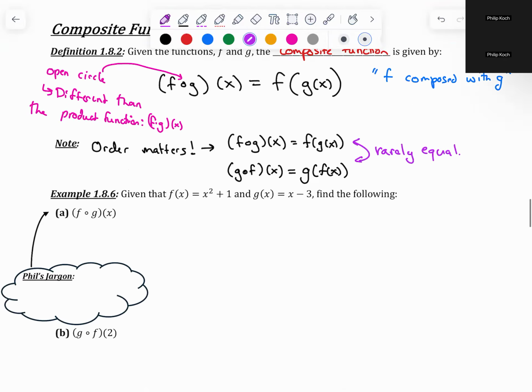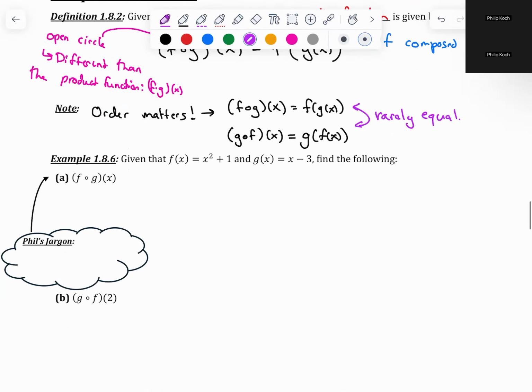So, given that f of x is equal to x squared plus 1 and g of x is x minus 3, find the following. F composed with g of x. Now, as a small note, because I'm going to be using this terminology a lot, f is the quote-unquote outside function here, and g, in this case, is the inside.